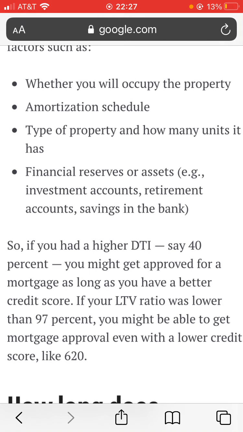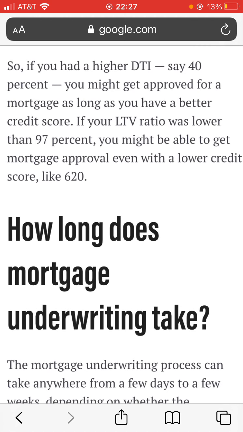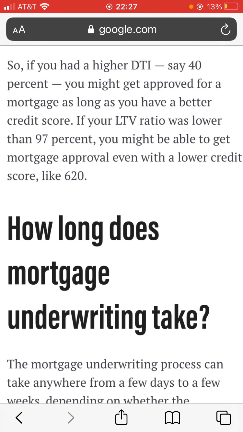So if you had a higher DTI, say 40%, you might get approved for a mortgage as long as you have a better credit score. If your LTV ratio was lower than 97%, you might be able to get mortgage approval even with a lower credit score like 620.